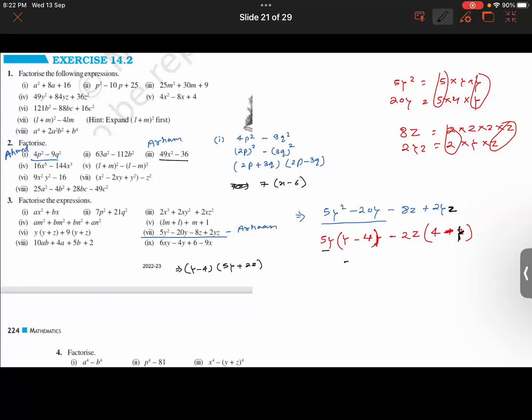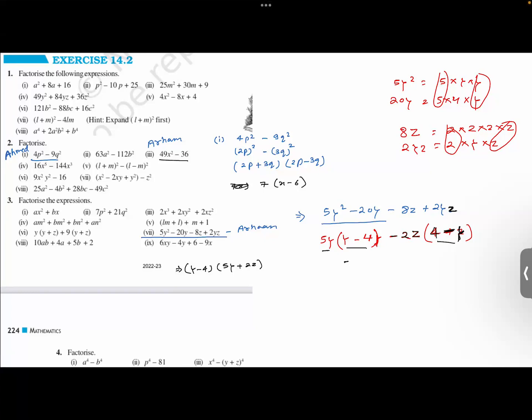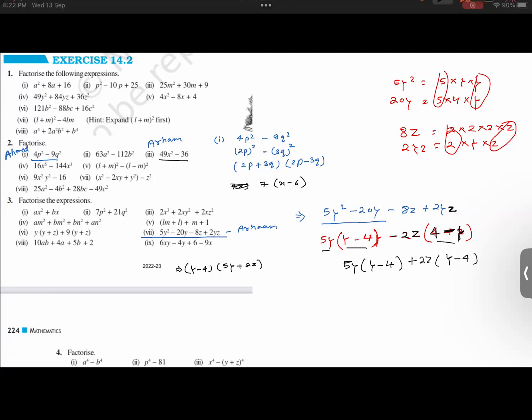Now here you see this is y minus 4, but this is 4 minus y. Why? Because we have taken minus 2z here, so 4 will be left here, but minus y will be left here. So what we have to do is use the additive inverse. So you have to write y minus 4, and the sign of minus 2z will become plus 2z.